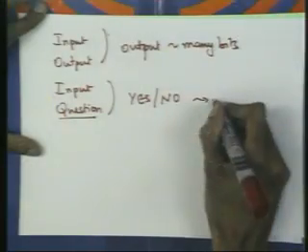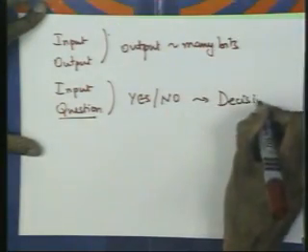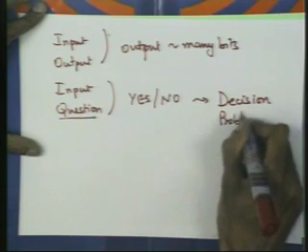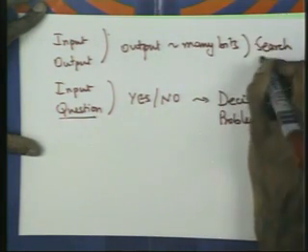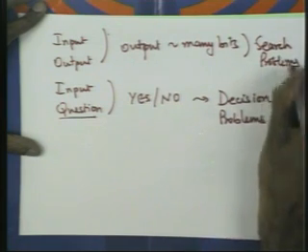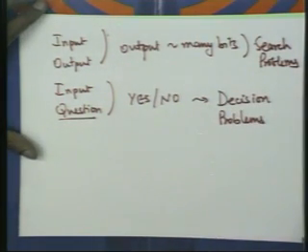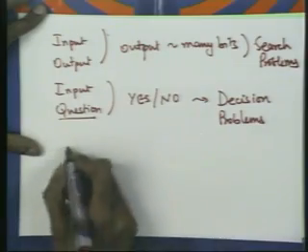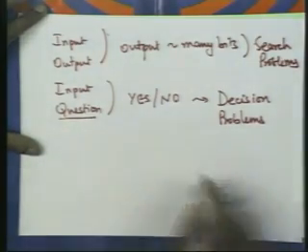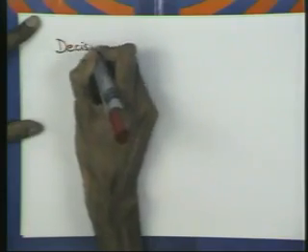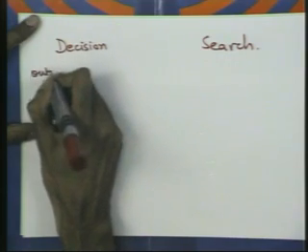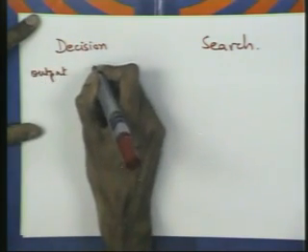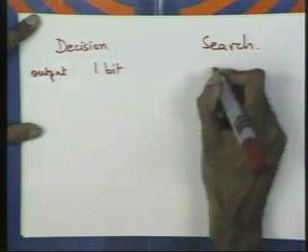These we call decision problems, and these we call search problems. Okay. So typically, let me write decision and search. Here the output is one bit, here it is many bits.